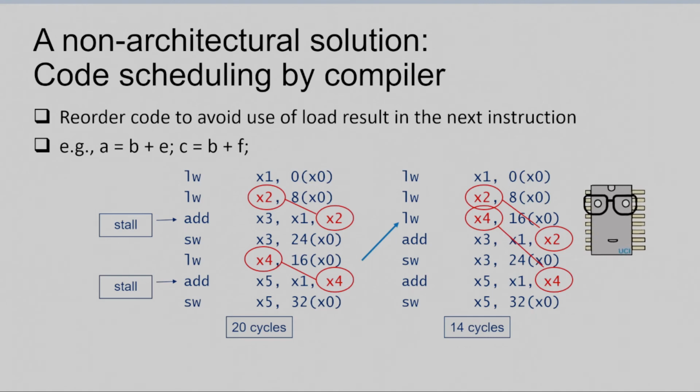It's going to do 3 loads all at once, load, load, load, and then do adds. Because loading F into X4 doesn't depend on the first addition, there's at least one instruction between loading X2 and using X2 inside the add. So these 2 instructions are now separated by 1 cycle.